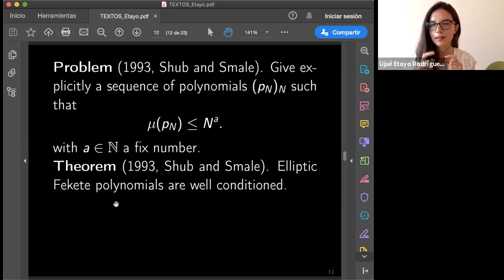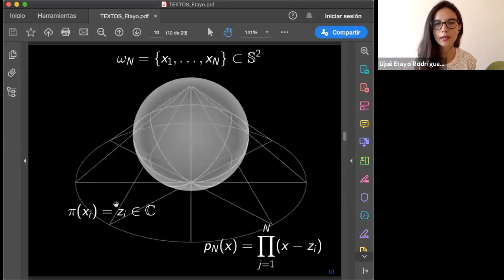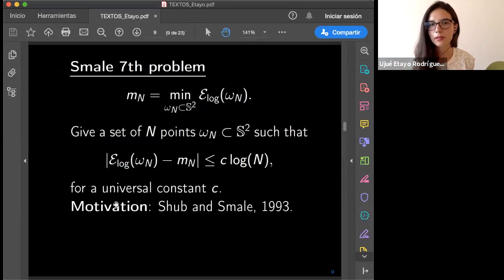And this works not only with minimizers of the logarithmic energy, but with points whose energy is close enough to the minimal logarithmic energy. So mainly what the proof says is, if we have a set of points whose logarithmic energy satisfies this inequality here, then we just project them, take the complex points, take them as roots, compute the polynomials, and we are done.